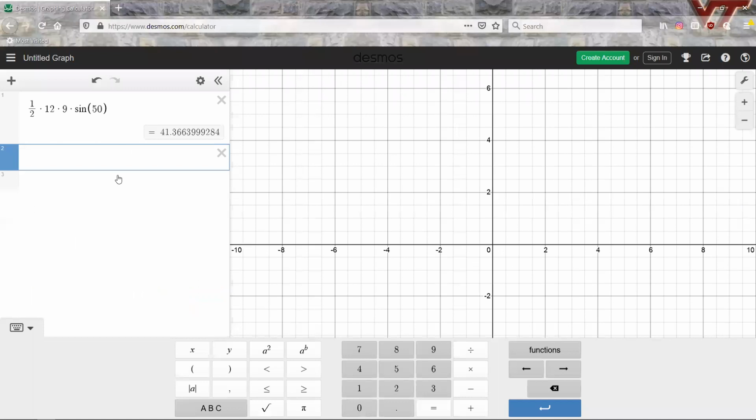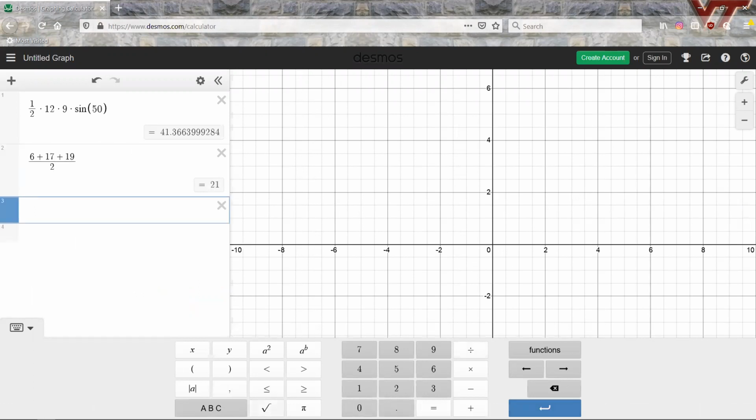So the first thing I'll do is find my S value. That's 6 plus 17 plus 19, all divided by 2. And you get 21, so that's my S value.